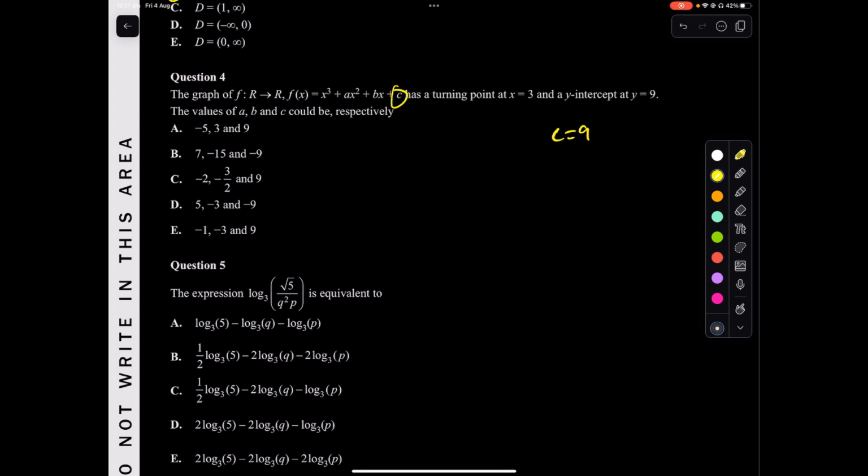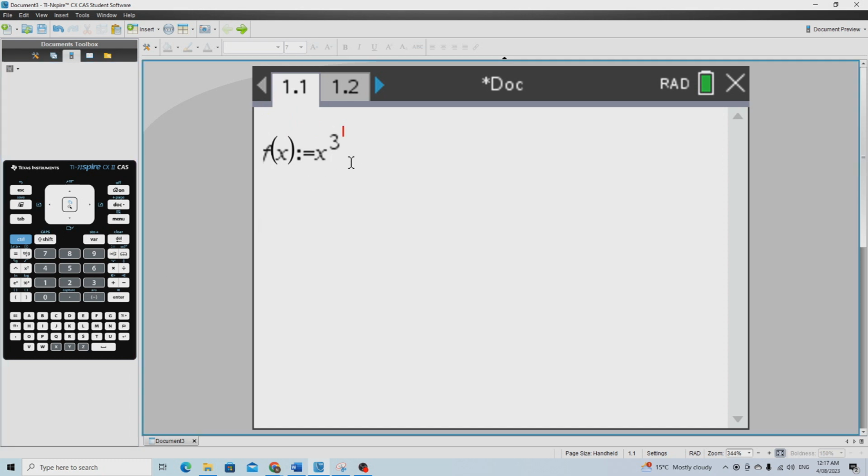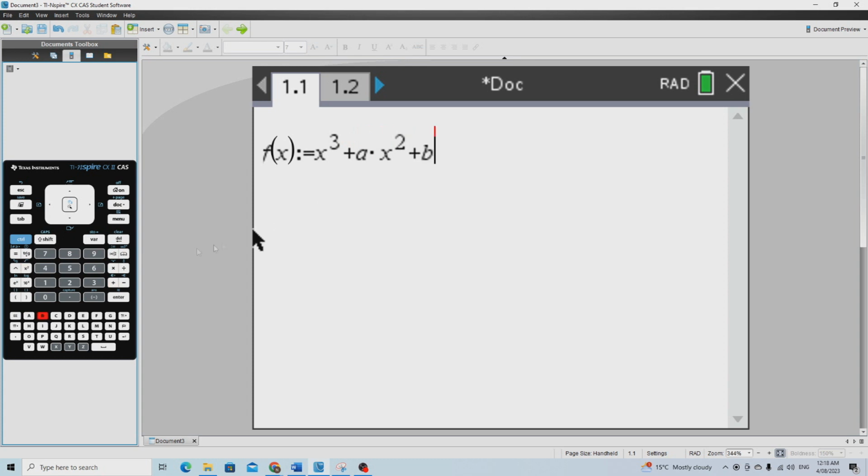So I can just say b and d are wrong. Okay, let's finish it. So x to the power 3 plus a times x squared plus b times x plus 9.